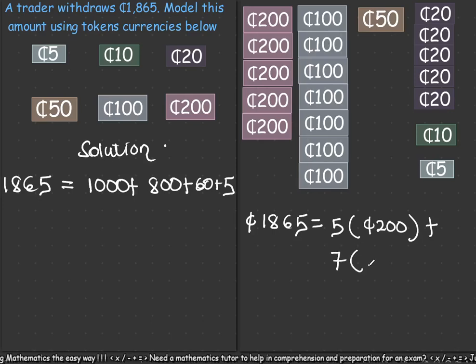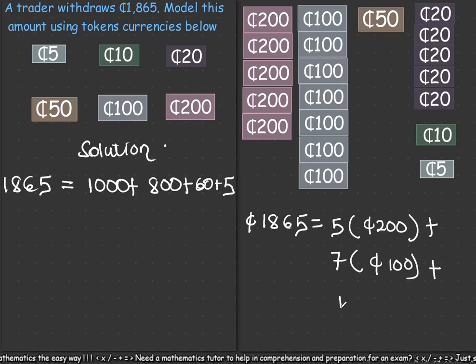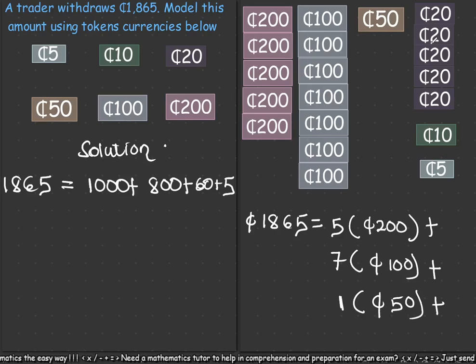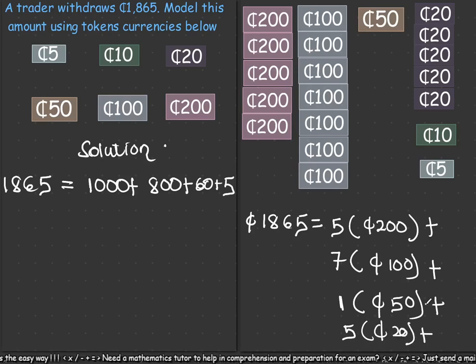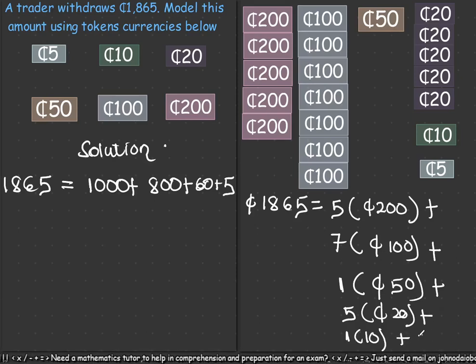So 7 of the 100 cedis. Then plus 1 of the 50 cedis. Plus 1, 2, 3, 4, 5, 5 of the 20 cedis. Plus a 10 cedi. And then plus a 5 cedi as well. And you are good to go.